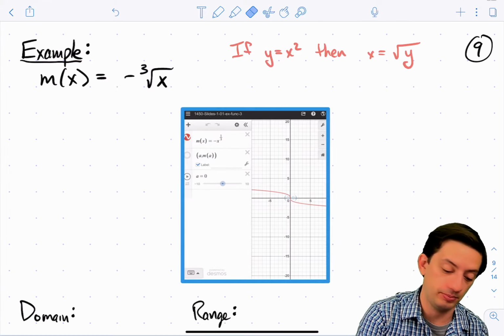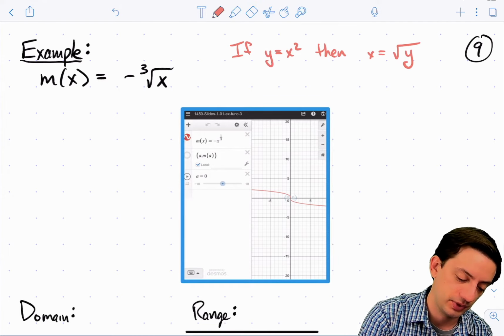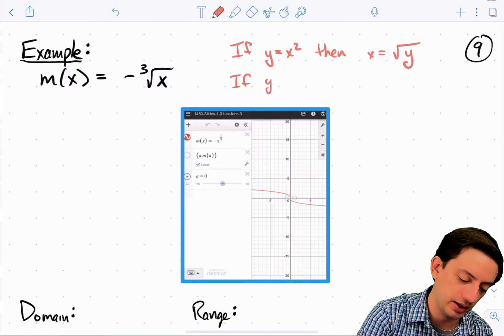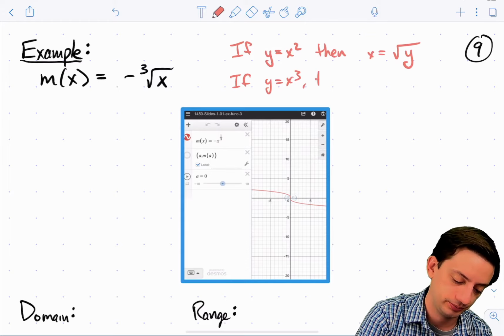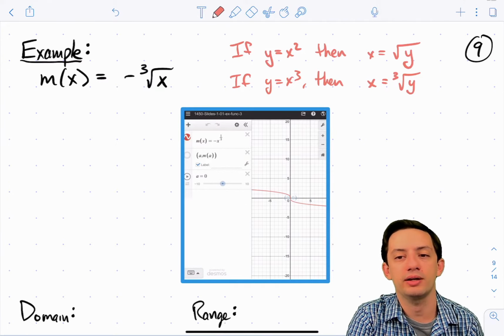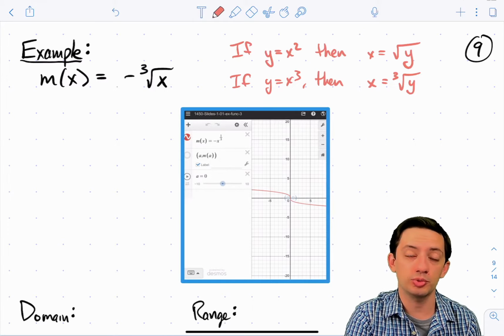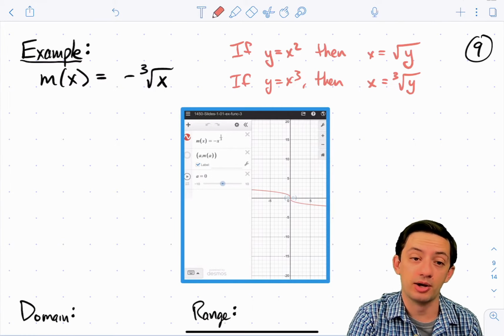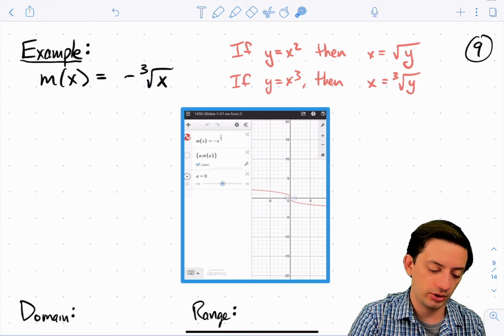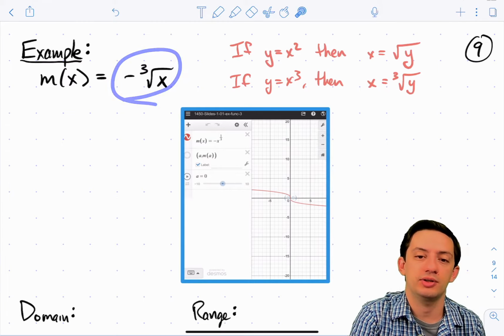The cubed root bumps that up by 1. It says if y equals x cubed, then x equals the cubed root of y. So the cubed root of y is the number that if you multiply it by itself 3 times, you get back y. So our function here is negative cubed root of y.